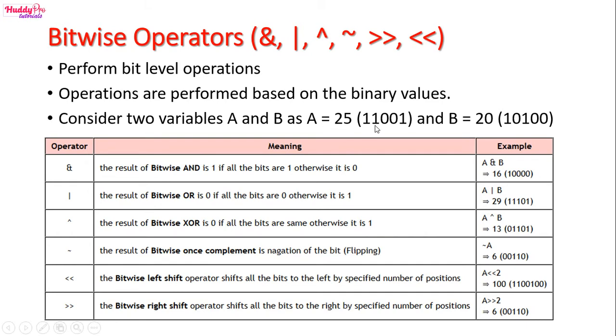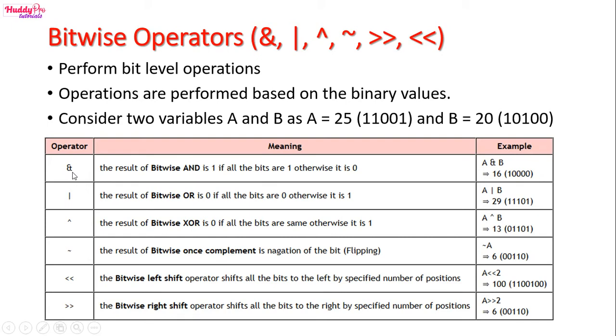In binary, 25 is 11001, and 20 is 10100. Remember, bitwise operators perform bit level operations. So let's see how these operators work.